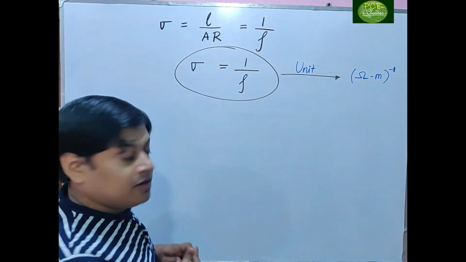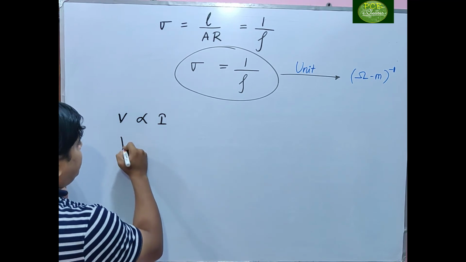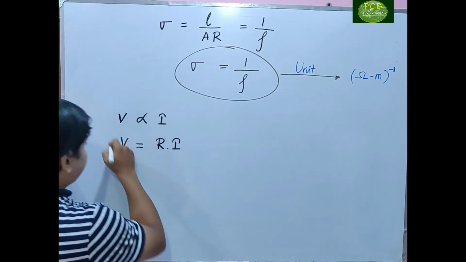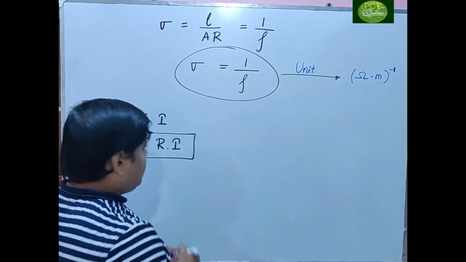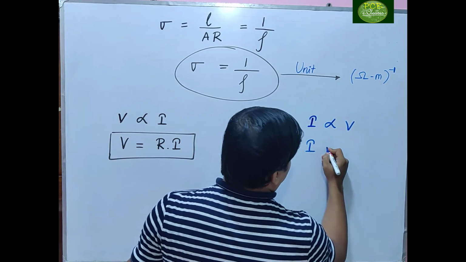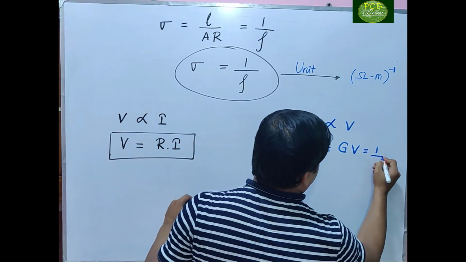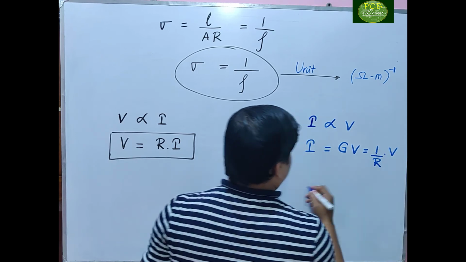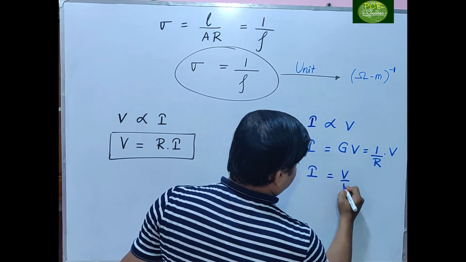If I take the relation that V is proportional to I, then I write V equals R into I. If I write I proportional to V, then I write I equals GV, which equals 1 by R multiplied with V. So I can write this as V by R.